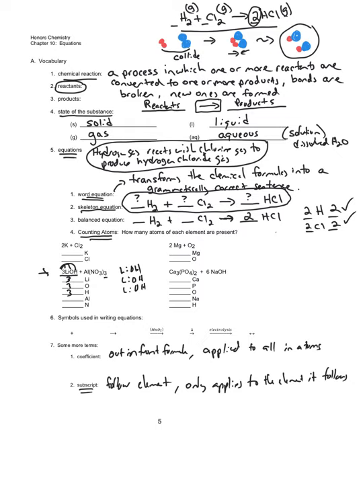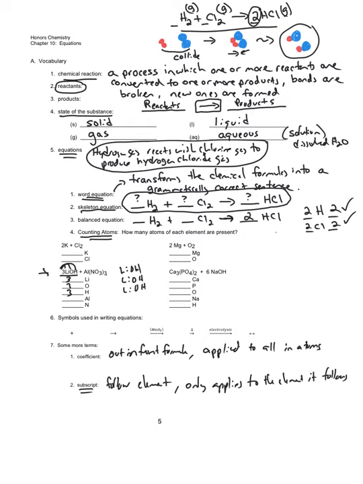This subscript 3 outside of the parentheses, if you have a subscript outside of parentheses, it does get distributed to everything inside of the parentheses, but it doesn't apply to the aluminum because it's not inside of the parentheses. Inside of the parentheses, the 3 only gets applied to the oxygen because that's what it follows. That 3 inside of the parentheses with the nitrate only applies to the oxygen.